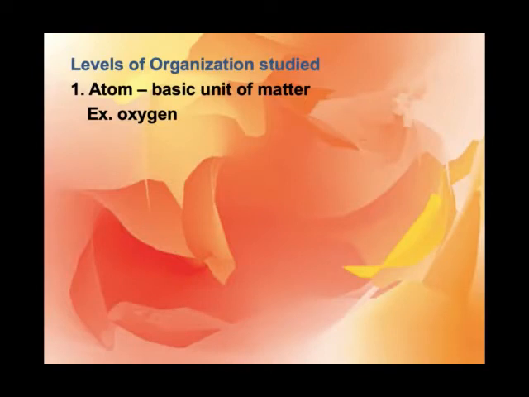Oxygen, carbon, hydrogen, phosphorus, nitrogen, sulfur, those are kind of the biggies that are found in the human body. You don't find a whole lot of cesium in the human body. And here's a little representation of an atom. If you've taken chemistry, you know that this is not the most accurate representation, but it looks really good on the page, so that's why I used it.